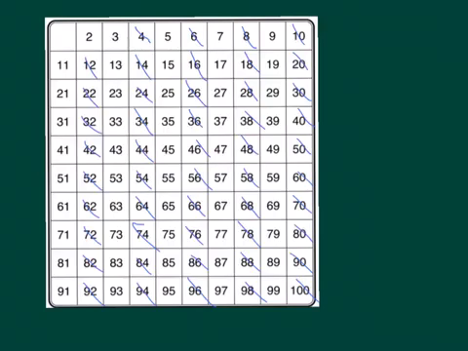Okay, the next step is you're going to look at the 3's and you're going to skip 3. So you're not going to cross this one off, but you're going to cross off every other multiple of 3. And I'll start. So 3, we've already crossed off 6. The next one is 9. The next one is 12, which we've already done.